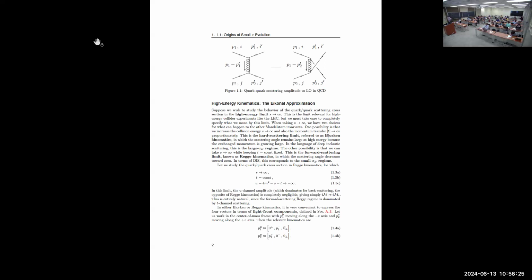I'm computing the scattering in the limit p1 minus is of order square root s going to infinity. p2 plus is also of order square root s going to infinity. And in this limit, these momenta simplify tremendously. This is approximately 0 in the plus direction, a large momentum in the minus direction, and nothing in the perp direction. This one is something in the plus direction, nothing in the minus direction, nothing in the perp direction.